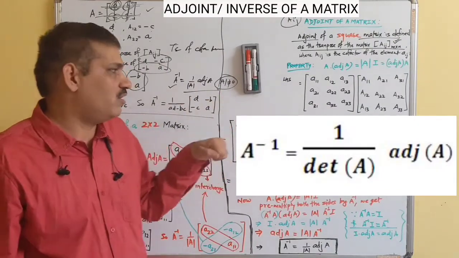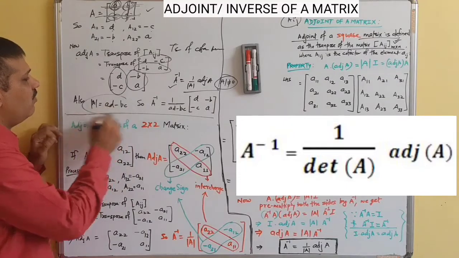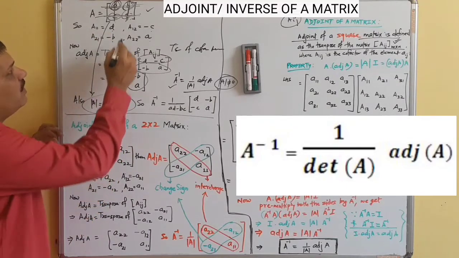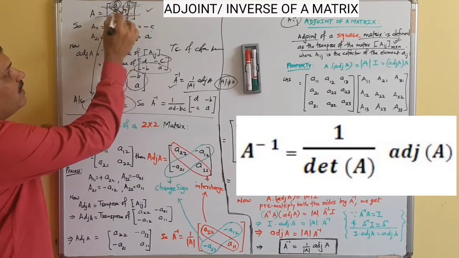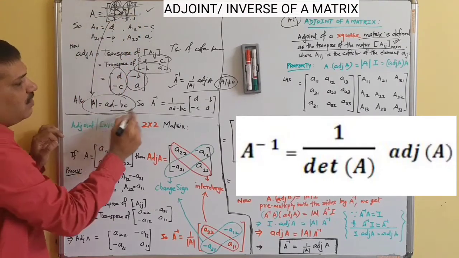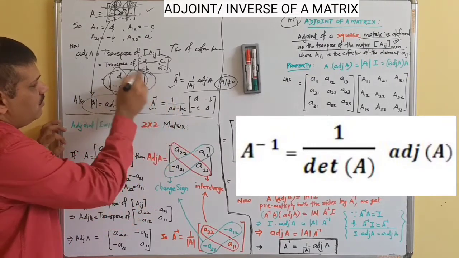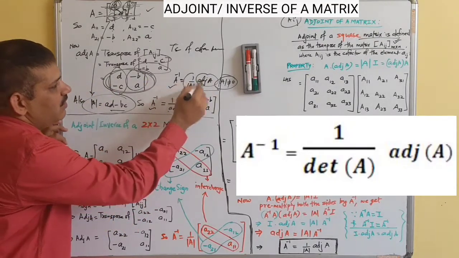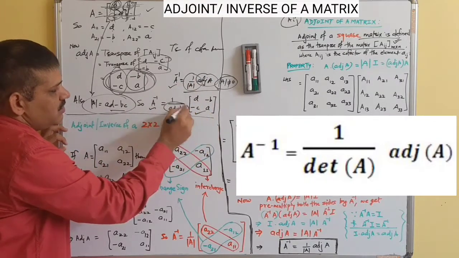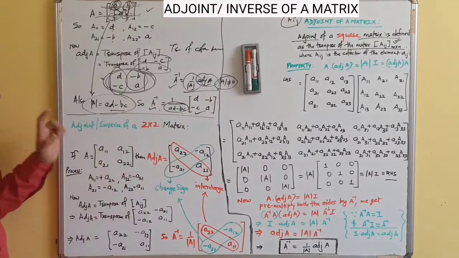We'll talk about it at a later stage. Right now we are trying to find the inverse. For this matrix, the determinant is ad minus bc. So A inverse is equal to 1 upon ad minus bc times the adjoint of A.